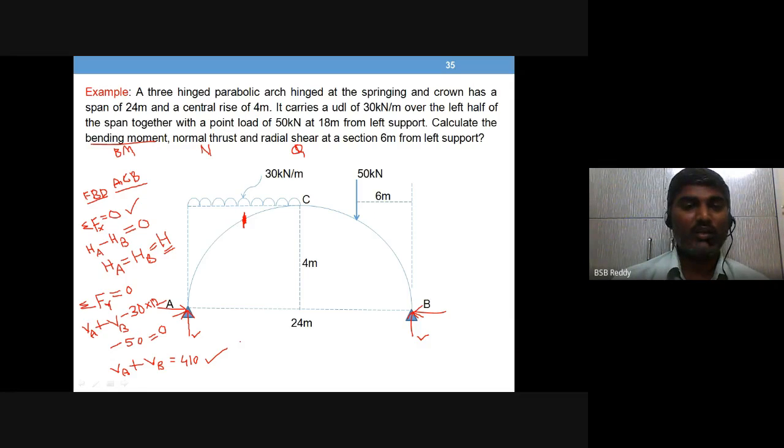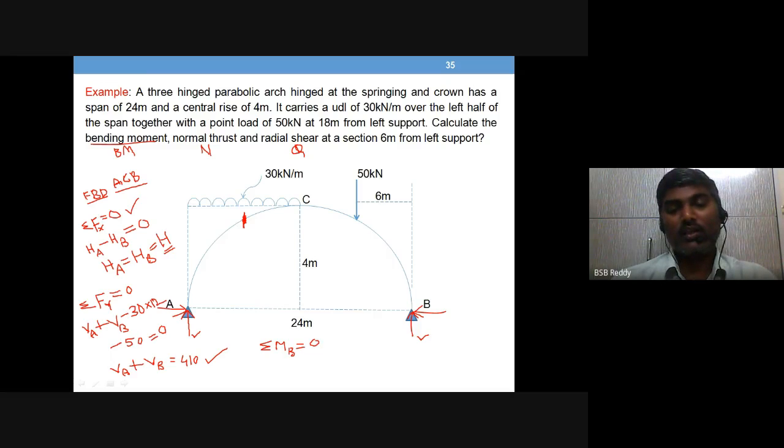That will be a moment equation. Maybe sigma MA is equal to 0, or you can go for MB is equal to 0. So let us see sigma MB is equal to 0.